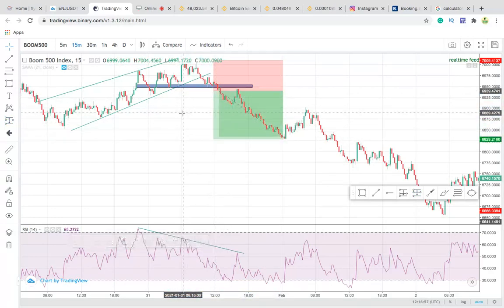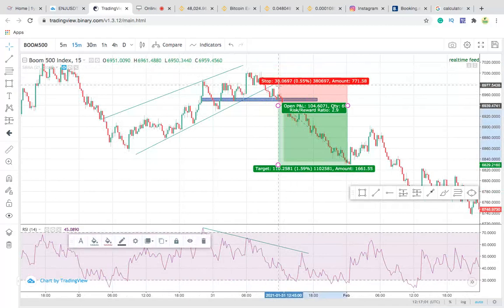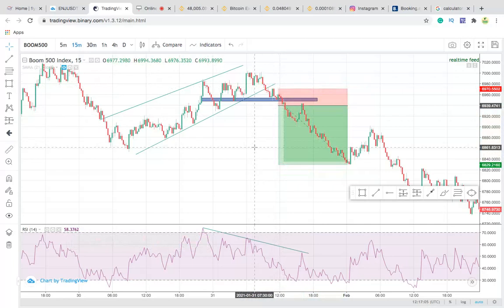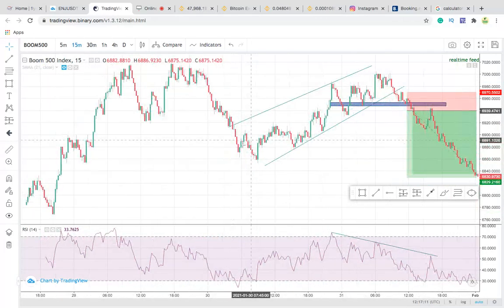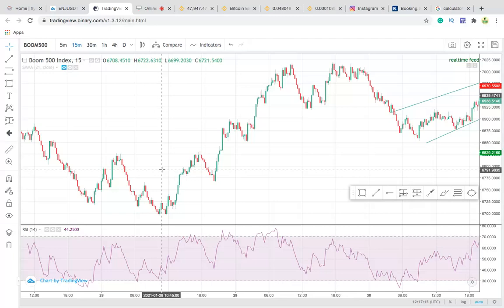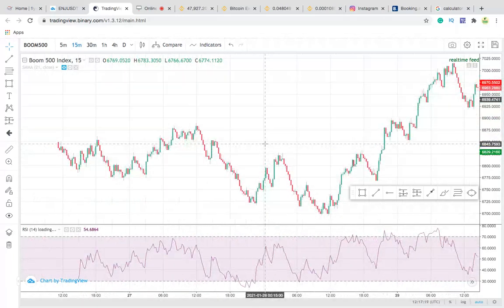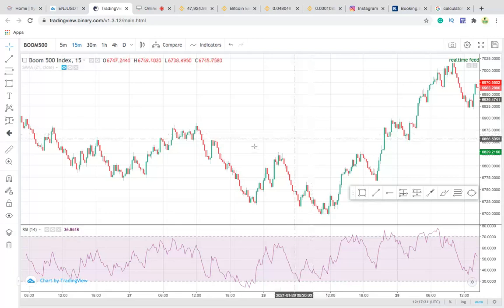Profits made, stop loss, you can make it as thin or as lean as possible. It depends on what you are ready to risk in the market. So now let's keep going, and I'm going to show you guys more examples of this divergence and how to trade them.